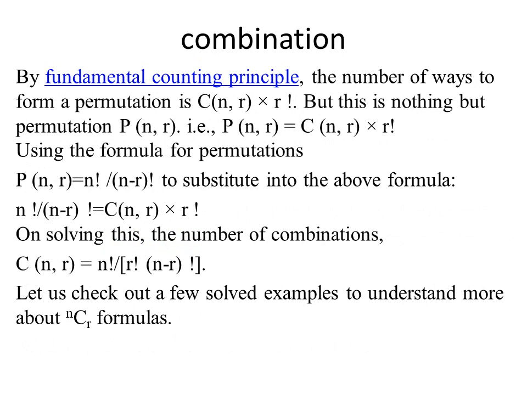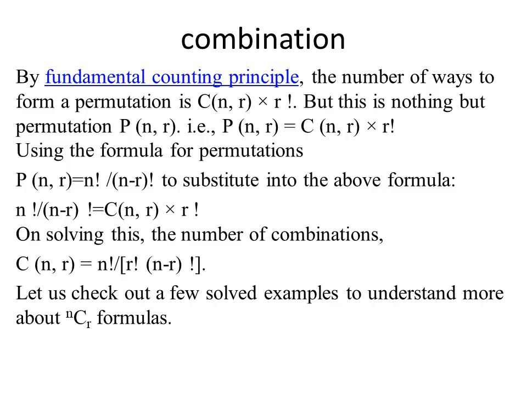By the fundamental counting principle, the number of ways to form a permutation is C of n, r into r factorial. But this is nothing but permutation P of n comma r. That is, P of n comma r is equal to C of n comma r into r factorial.